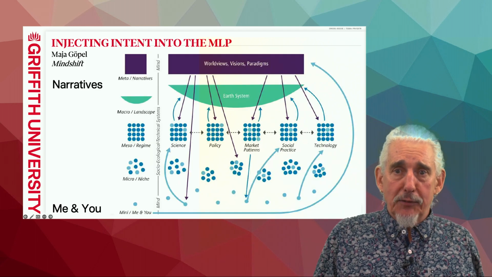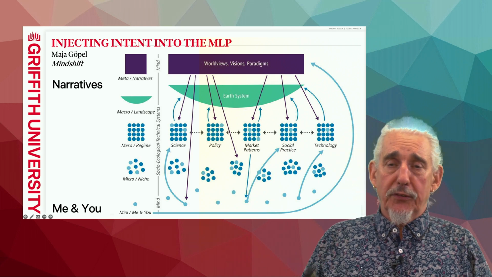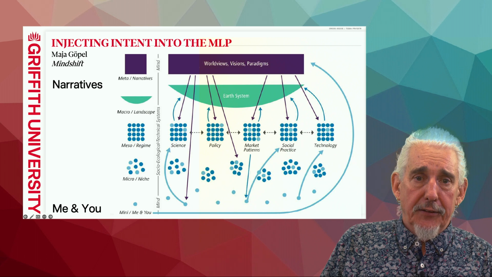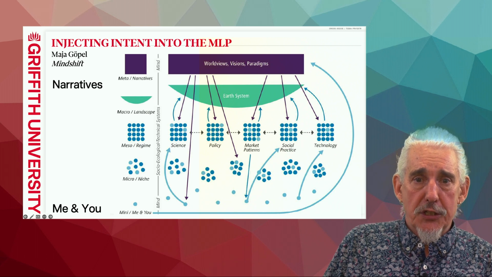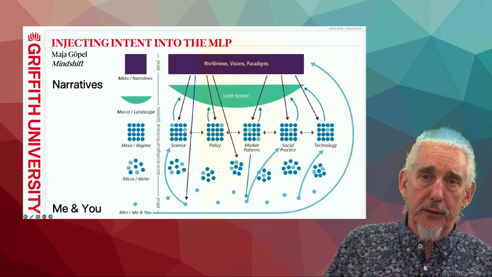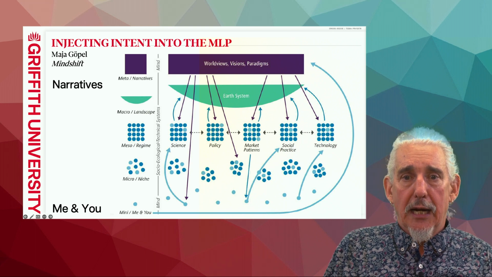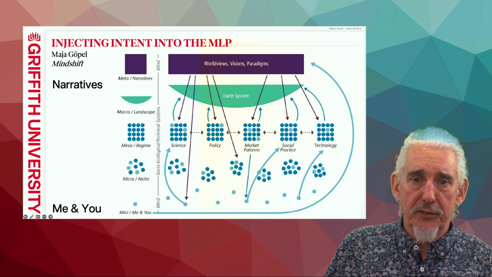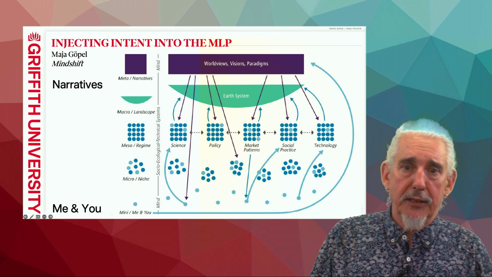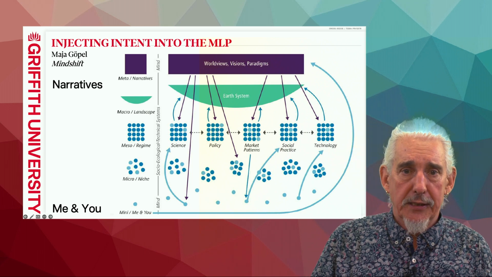Maya Gerpel, starting from an economic point of view, also recognised the importance of intention, and so she proposed additional layers to the multi-level perspective to provide the momentum to drive transitions in the MLP. So in Mindshift, her 2016 book, she adds two new layers.